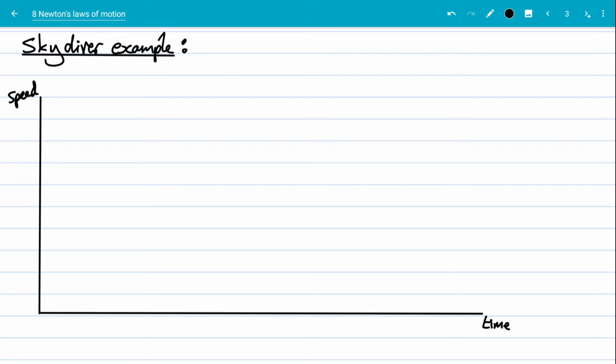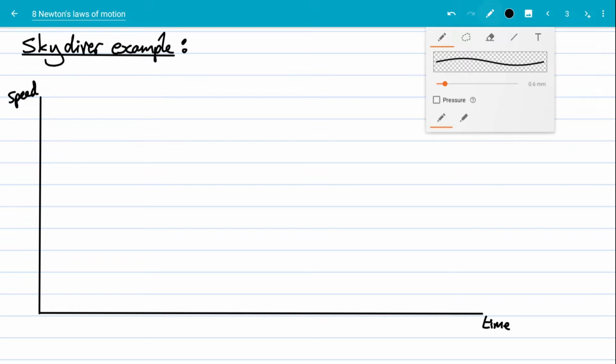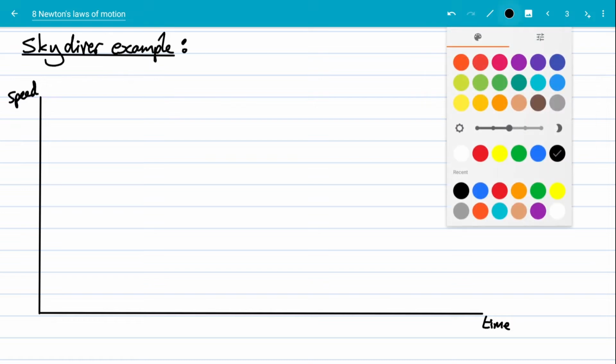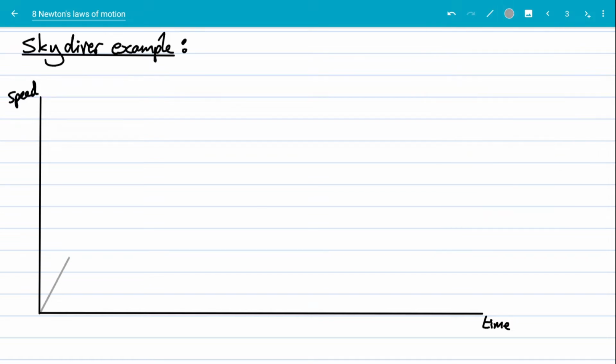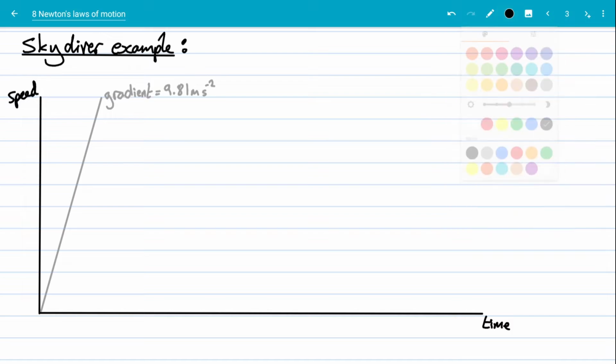Now, when the skydiver first jumps out of the aeroplane, their speed is going to be 0, and then it's going to be increasing. Now, let's draw a line like this, and I'm going to say that this line has a gradient equal to 9.81 meters per second squared. That's going to help me with this.